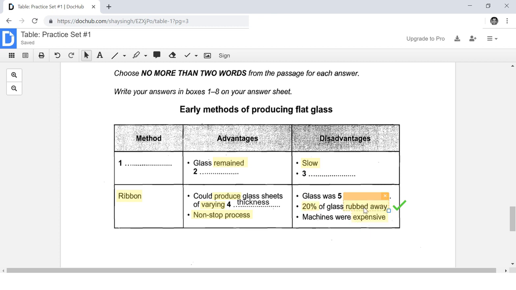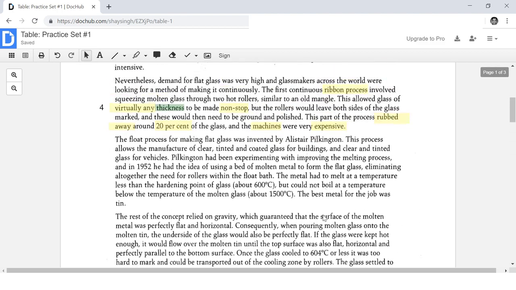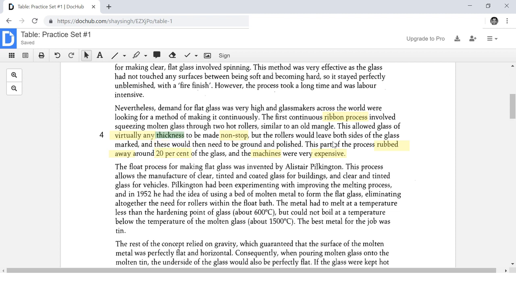20% of the glass rubbed away. Okay, it already mentions that as well. But what is not mentioned here? That's what we have to find out. What disadvantage has not been mentioned? Over here it says the rollers would leave both sides of the glass marked. So here it talks about the advantage, that this allowed glass of virtually any thickness to be made non-stop. That's great, that's an advantage.